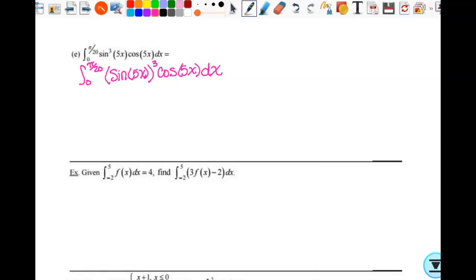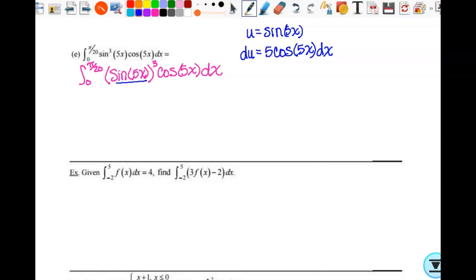All right, so do we need to do u substitution here? Yes. For sure. What's going to be our u? Sine of 5x. Very good. So u is equal to the sine of 5x. So du is equal to, is it negative? It's a regular because we're taking the derivative. So when I take the derivative, 5 times the cosine of 5x dx.